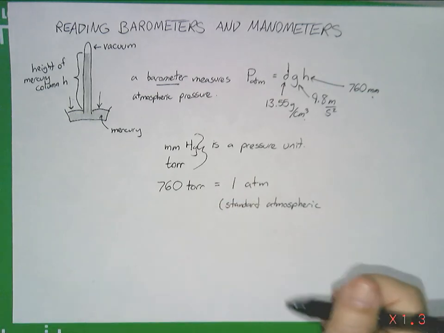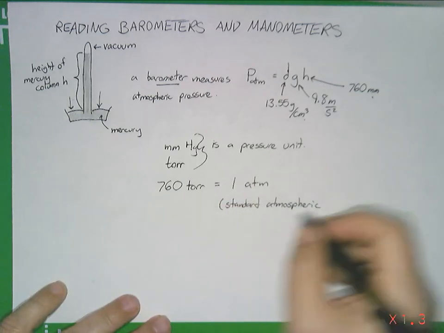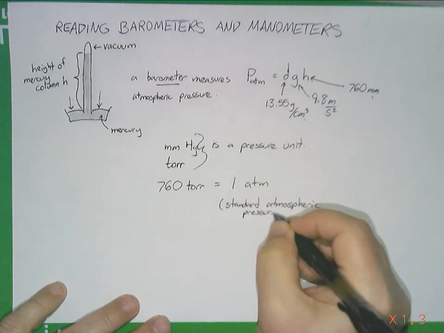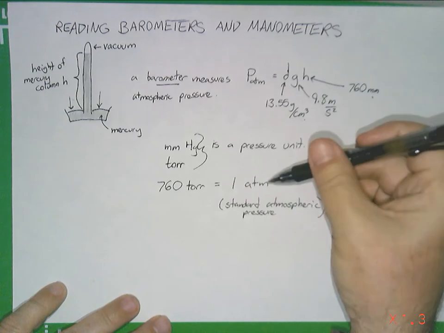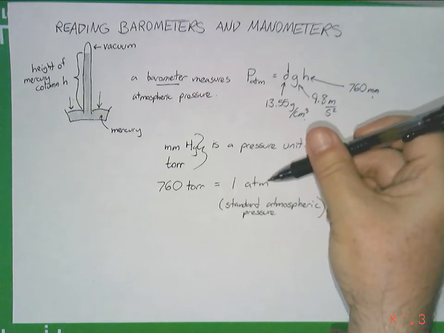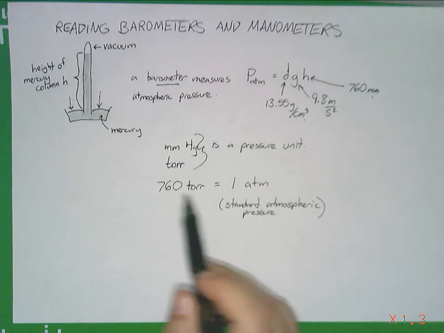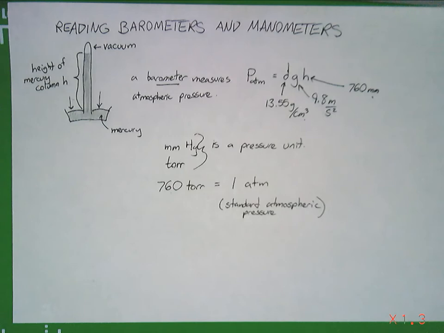Their barometers will read about 760 torr. So the standard atmospheric pressure, or just atmosphere for short, has an abbreviation ATM. I'm going to say 1 ATM, 1 normal atmospheric pressure, is 760 torr.